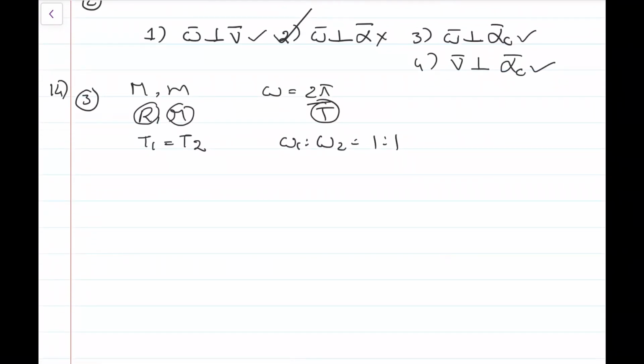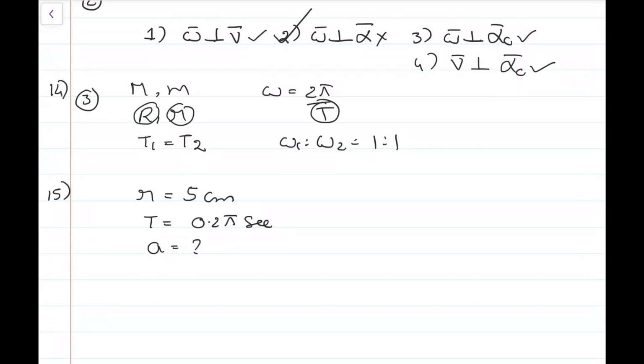Next, for problem number 15. A particle moves in a circle of radius r equal to 5 centimeter with a constant speed and time period T equal to 0.2 pi second. We have to find the acceleration of the particle.